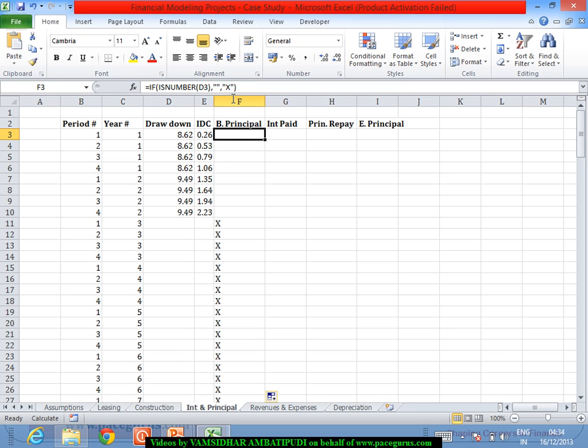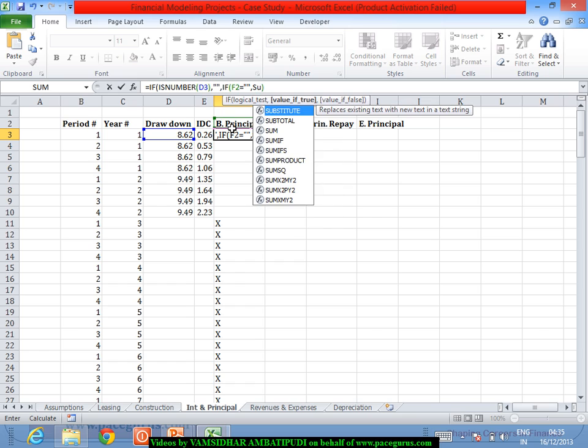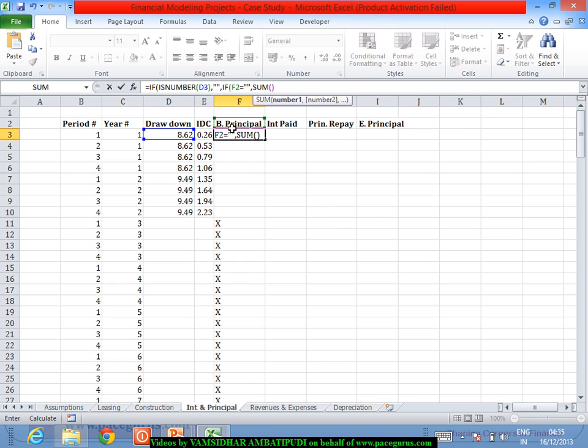If the above piece is blank, which means if the above cell is blank, then you consider the summation of this to this.